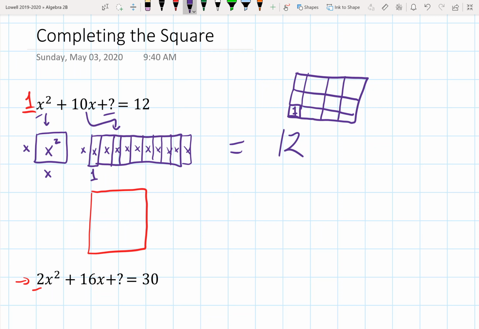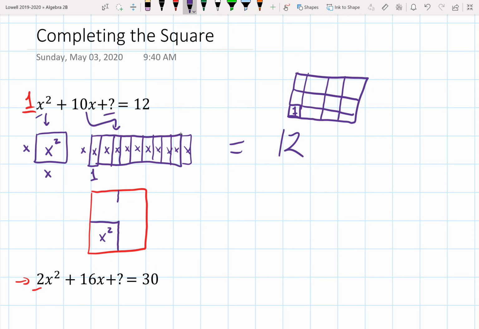But what's going to happen is that the x squared can't go anywhere except in the corner here. So I'm going to put that x squared there. Now, I have to build a square. So that means that whatever this length is, if I call it, I don't know, c, then this length here has to also be c. The only way to arrange these 10x tiles around that would be to put an equal number of them on both sides.